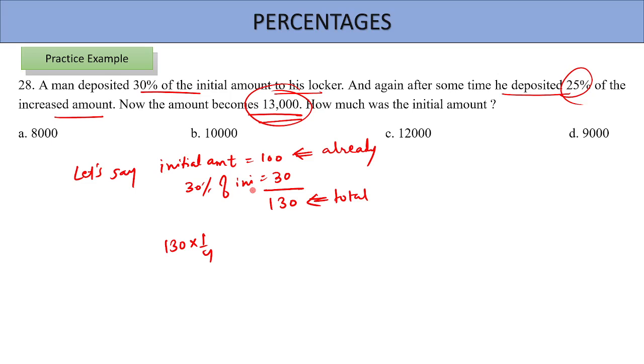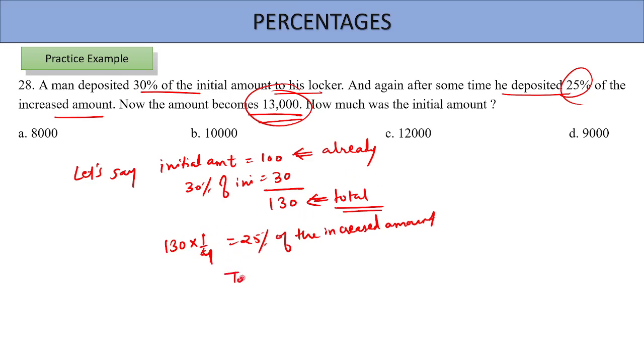So don't cancel it out. And again, after some time, he deposited 25%. So this is 25% of the increased amount. Correct? 130 was there in the total, and 25% of 130 he deposited.